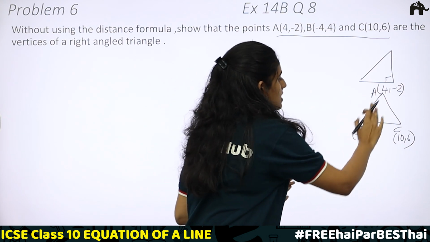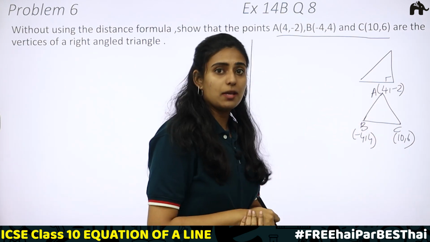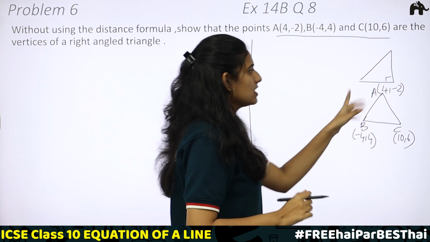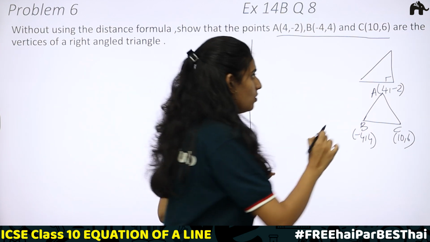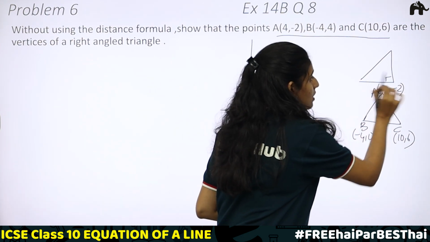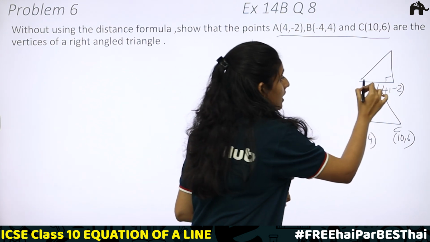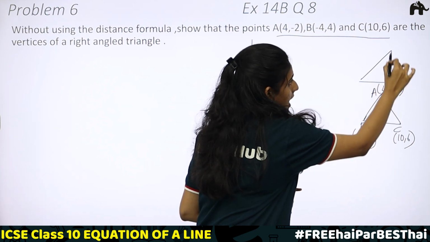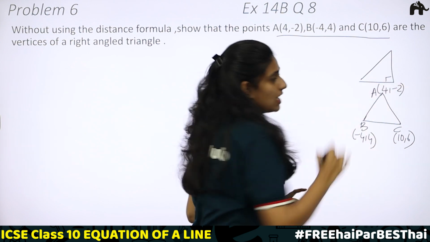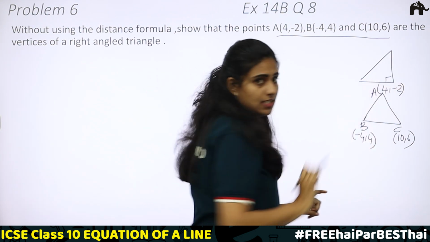Here we don't know which is a base, which is a height and which is a hypotenuse. How to prove this is a right angle triangle? We know for a right angle triangle, one angle will be equal to 90 degrees. That is, if you are taking these two sides, the angle between these two sides is 90 degrees.